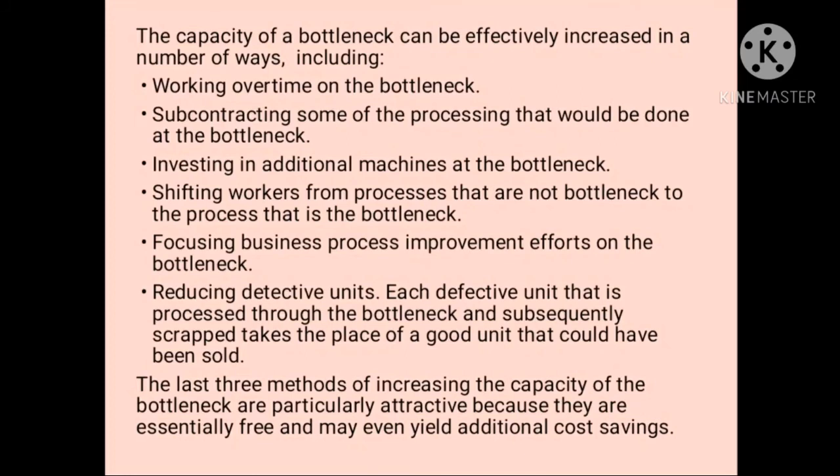Each defective unit that is processed through the bottleneck and subsequently scrapped takes the place of a good unit that could have been sold.